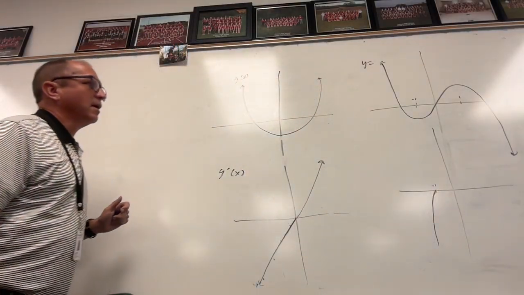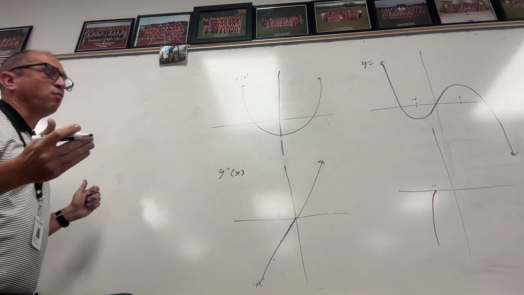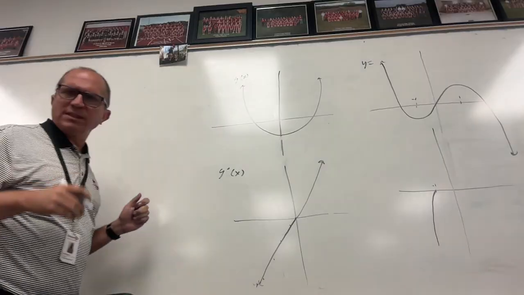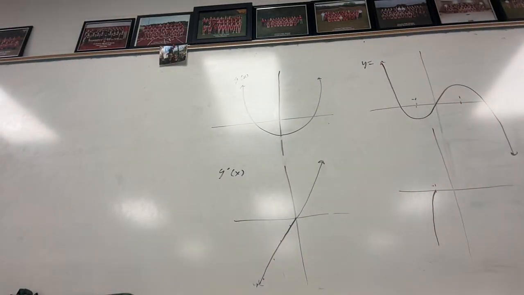All right, now let's skip negative 1 to 1 and let's go to the right of 1. What's happening in this graph to the right of 1? We're still decreasing, right? Which means that the derivative value should be represented by what kind of numbers? Negative.